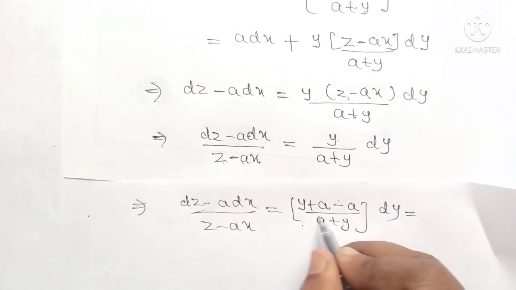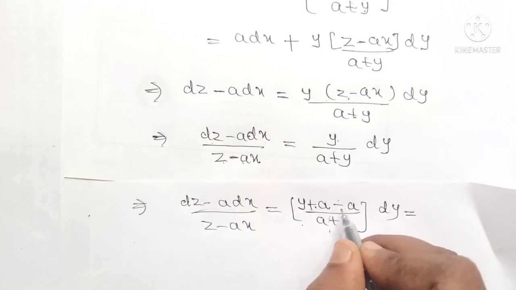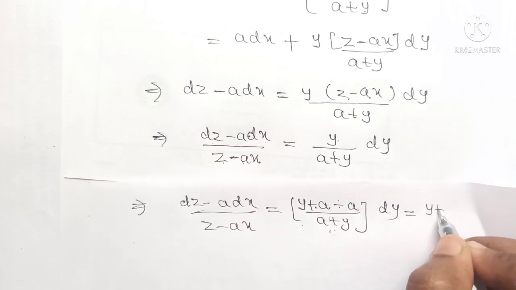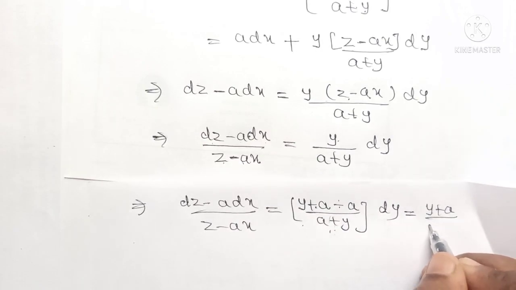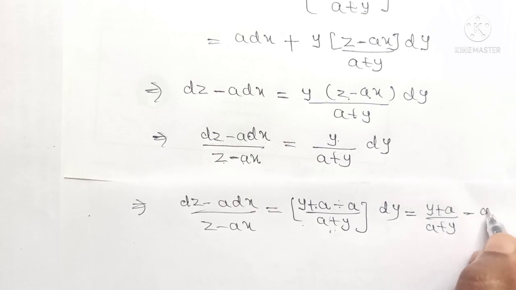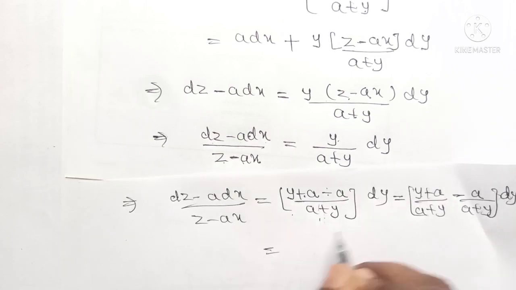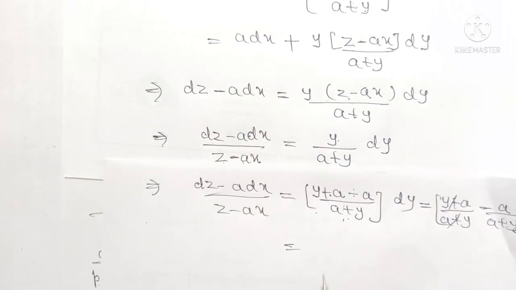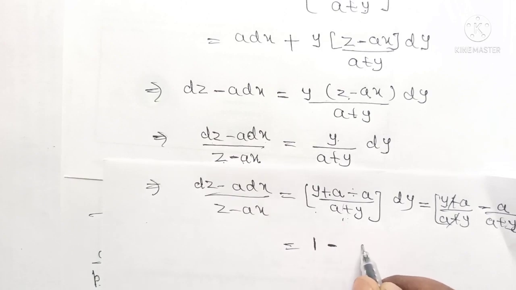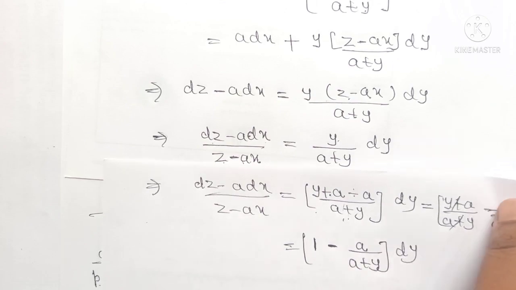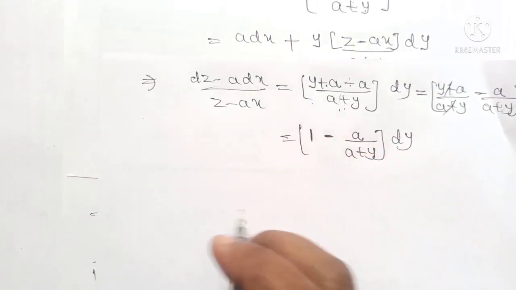Further it can be written as y plus a divided by a plus y minus a divided by a plus y into dy. The a plus y cancels, so we get 1 minus a divided by a plus y into dy. So this we simplify for the integration part.